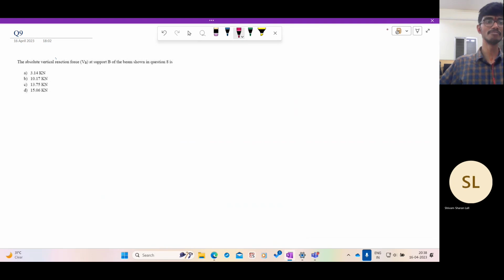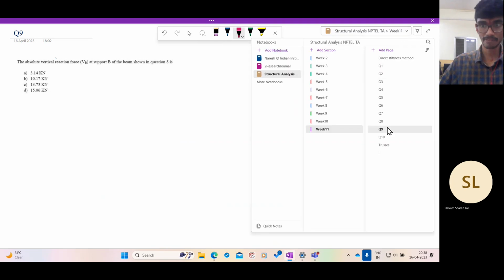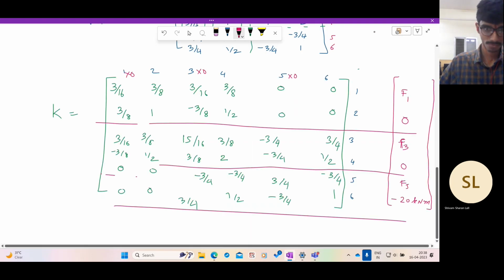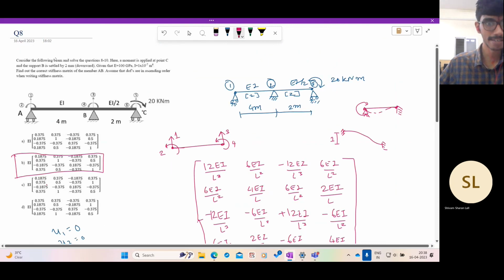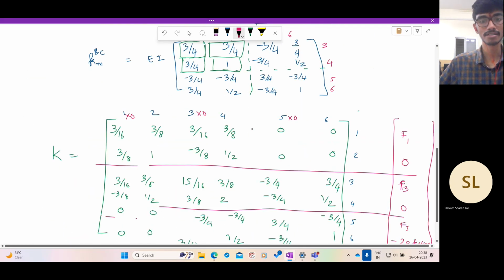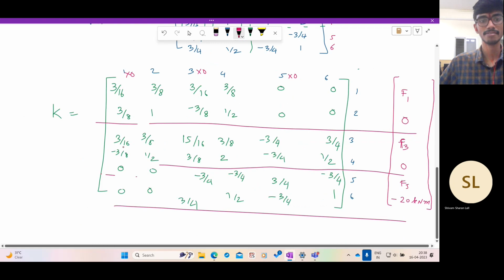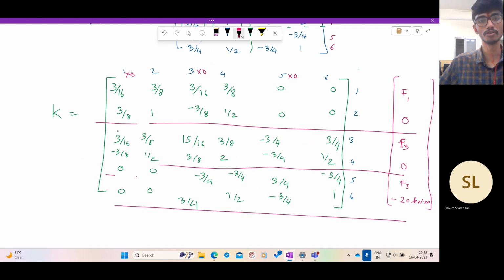Now they're asking the absolute vertical reaction at support B. How do we determine it? So let's go to the previous page. Support B vertical reaction is F3, right? So what is F3? F3 is 3 by 16 U1 plus 3 by 8 U2 and so on. But we know U1, U3, U5 are zeros.